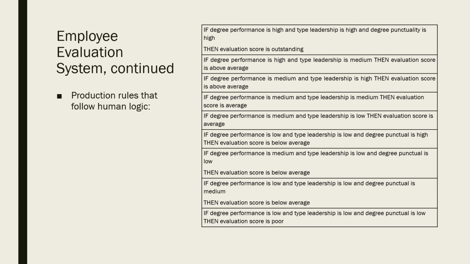The fuzzy control system simulation encapsulates these 9 production rules. And the Fuzzify evaluation function uses this control system simulation to compute a crisp score that's outputted from 0 to 25, and then a corresponding performance category for each employee.